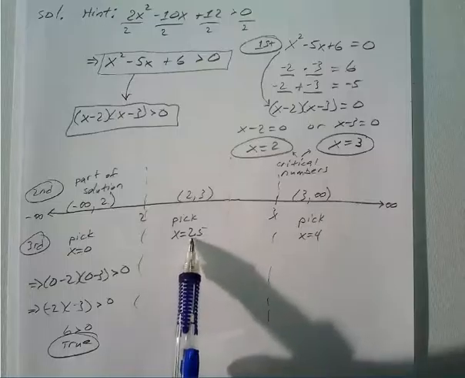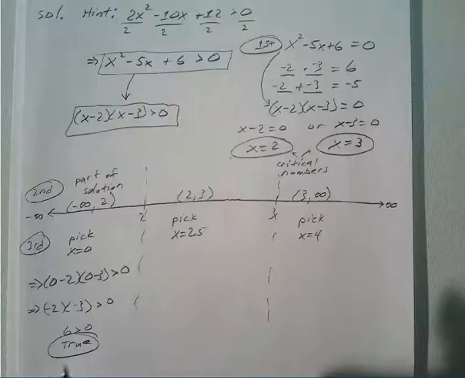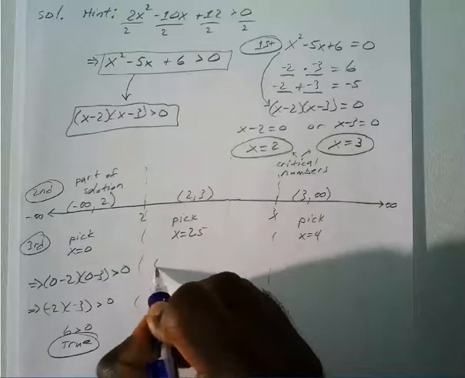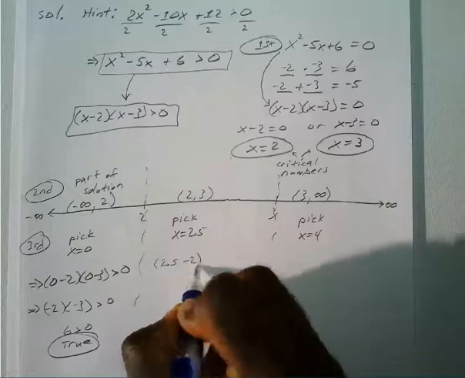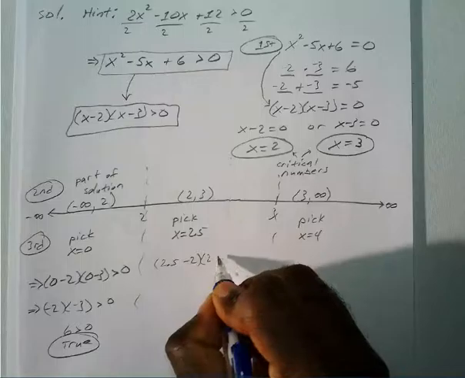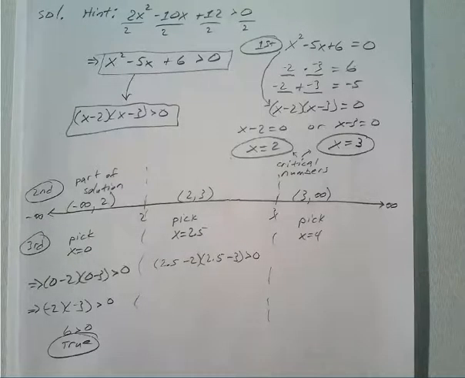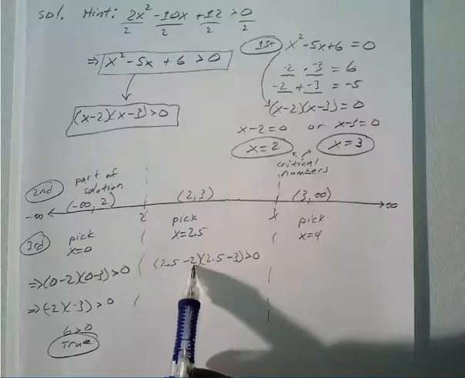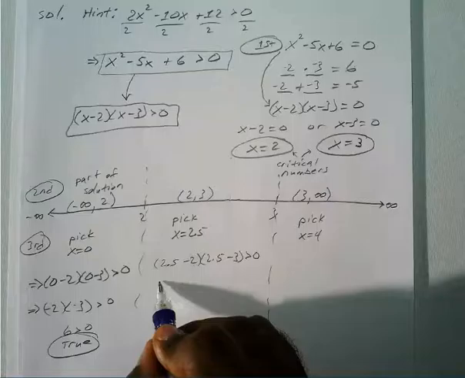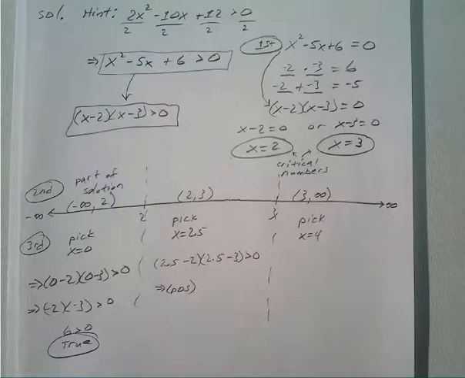Now, picking x equals 2.5, I'm going to show you a little different way if you don't want to be bothered with the adding and subtracting of decimal numbers. If we plug that in, 2.5 minus 2 times 2.5 minus 3 is greater than 0. Here we can see that 2.5 is bigger than 2, so 2.5 minus 2 will give us a positive number.